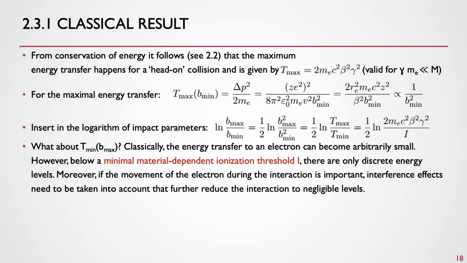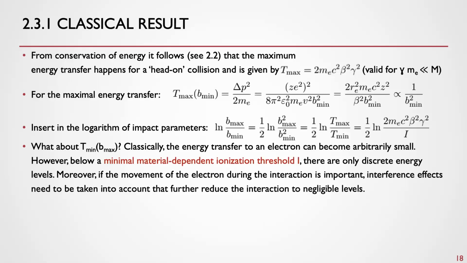On the other hand, you know that the atoms on the moon and everywhere have material-dependent ionization thresholds. So there is no energy transfer possible due to the quantization of the energy levels in the material that the particle is traveling through.